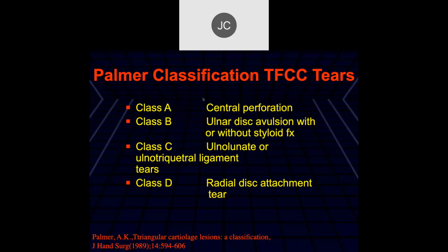And it has classes A, B, C, and D. Class A is a central perforation. Class B is an ulnar disc avulsion with or without styloid fracture. Class C is ulnar lunate or ulnar triquetral ligament tears dorsally or volarly. And then Class D is a tear or detachment of the triangular fibrocartilage from the radius.